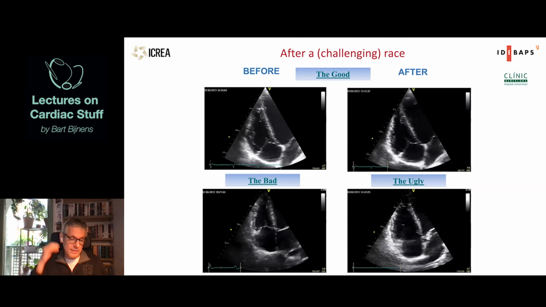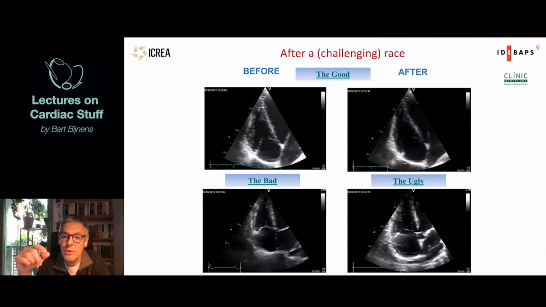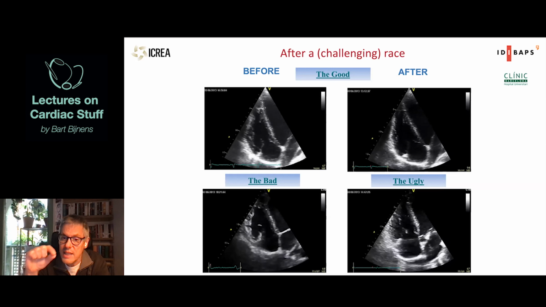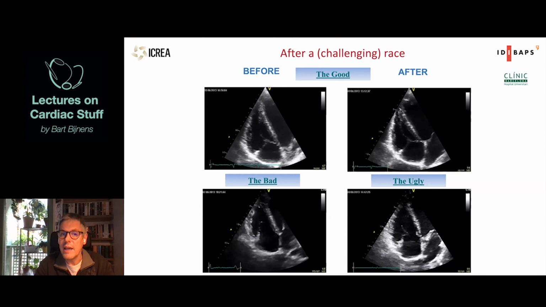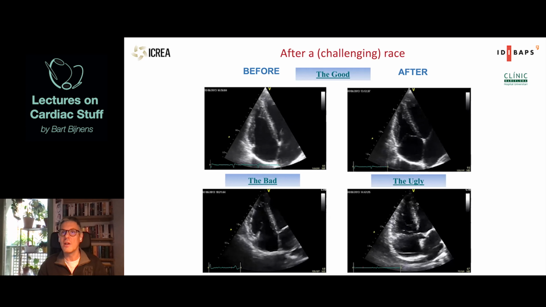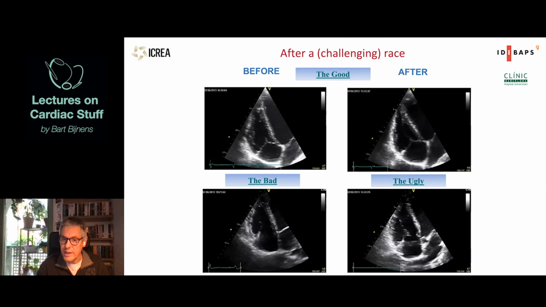Actually, when you look at general hypertension and you look at the left ventricle, what you also see is that in hypertension, the apex starts to move a little bit. So as soon as you have some differential loading in both ventricles, you can start to see this.